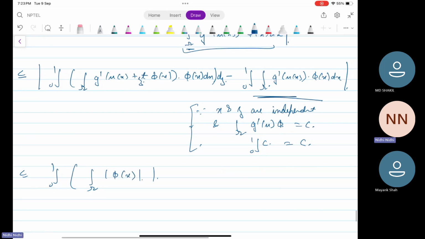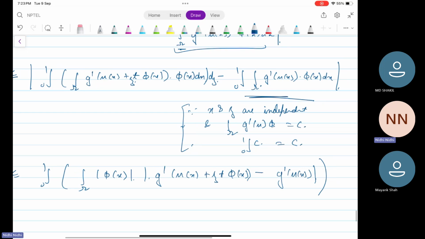Then inside we have g'(u(x) + ztφ(x)) minus g'(u(x)). Here we have dx, then outside we have dz.